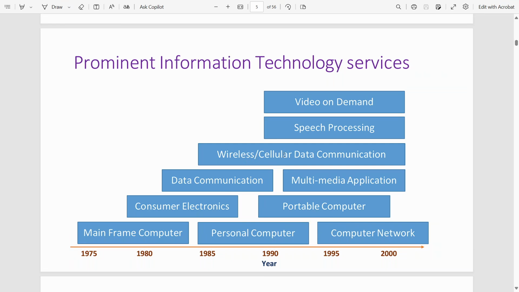Now in 2020 they introduced 5G technology, and we are in the development of 6G technology also. Okay, and in the 1990s speech processing came, and video on demand, some video related things, came in the 1990s. So these are the prominent information technology services.